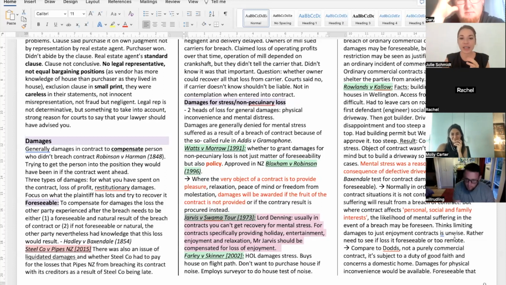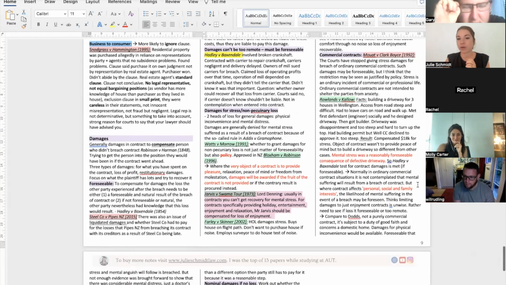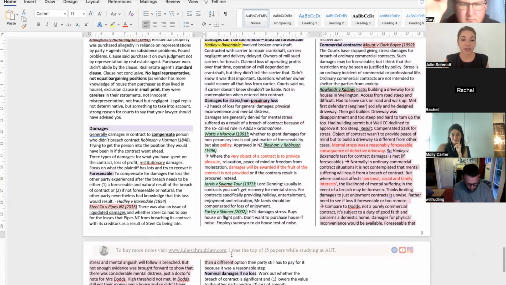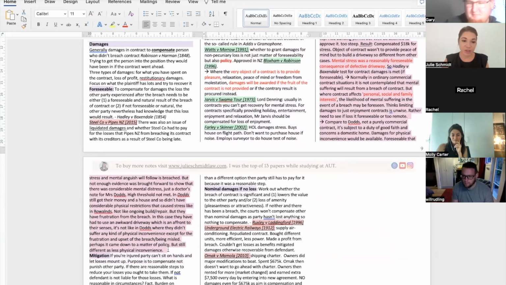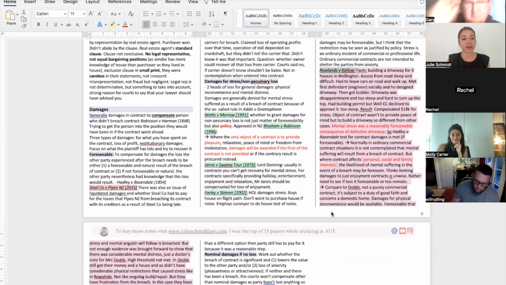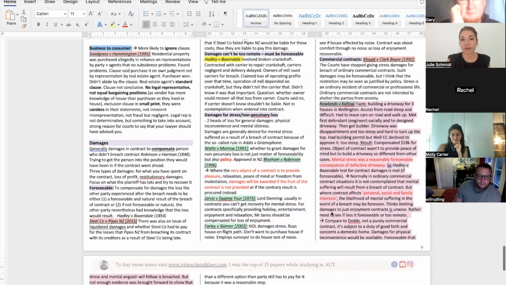But generally in any commercial type of contract, it's expected to be stressful. For example, if you're building a driveway in Wellington and you're dealing with contractors, it's just a given it's going to be stressful. This is commercial reality, so you're not getting any damages for your stress.